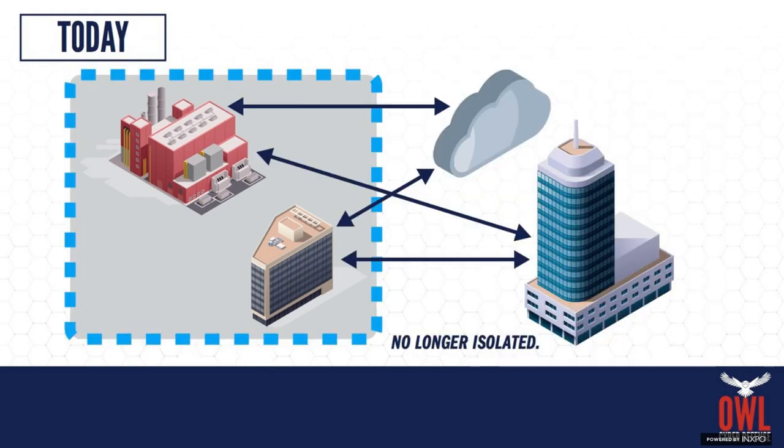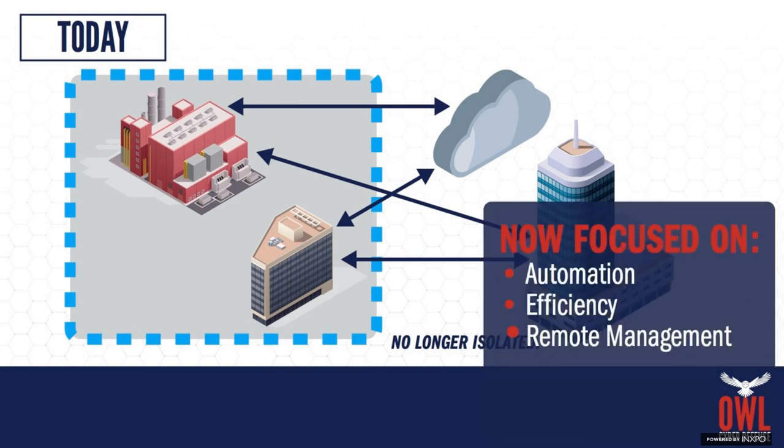As we move forward with the digital world, we have a lot more connectivity, providing expert information both to those working inside the facility and outside the facility. The problem with that is that we're focused on automation and efficiency and remote management, but each of those connections really becomes a potential threat. And so the Department of Homeland Security has come out with some recommendations saying, how do we reduce those threats? How do we protect ourselves? And what do we look at to do that?